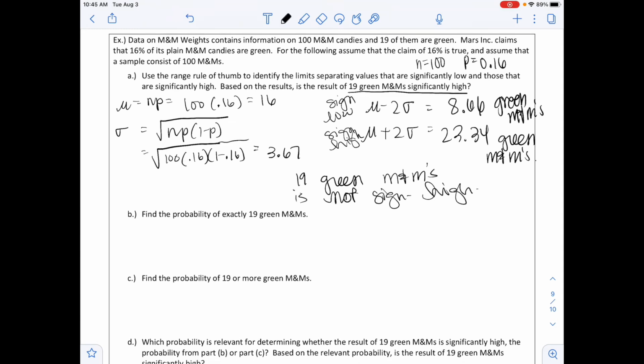Part B says find the probability of exactly 19 green M&Ms. So again, probability of exactly 19 would be X is equal to 19. And since we know that this is a binomial distribution, we're going to go ahead and use binompdf since it's an equals sign. N is equal to 100, P is equal to 0.16, and X is equal to 19.